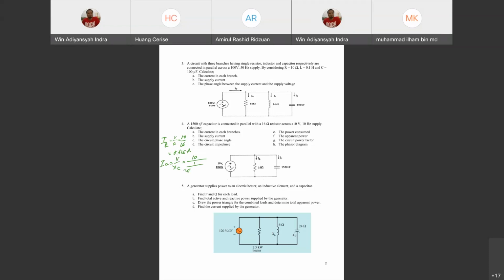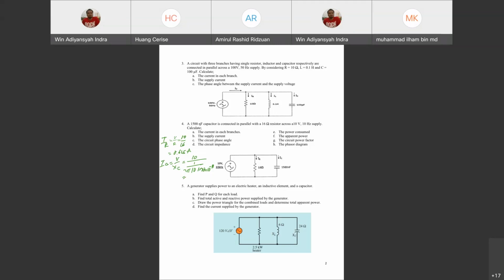Yeah, F is 10. C is 1500 nano, and 1500 nano is 10 to the power of minus 9. So calculate this one again.